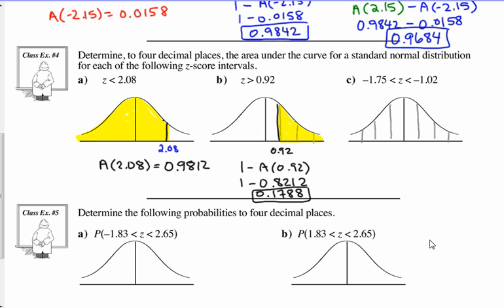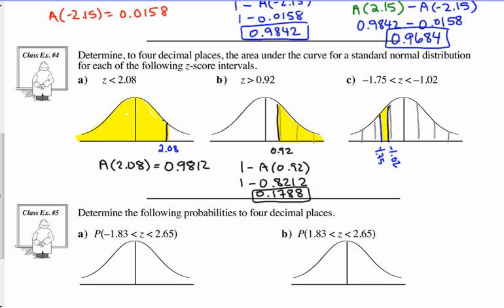Negative 1.75 will be a little bit above negative 2, and negative 1.02. And we want the area in between there.